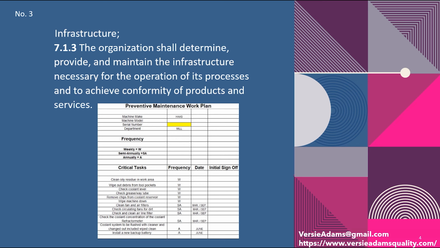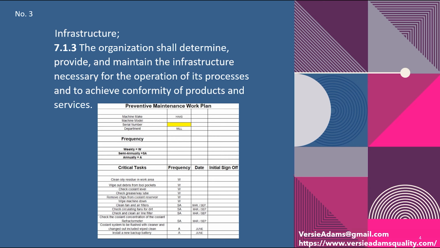If you have, and you should anyway, maintenance work plans or maintenance schedules for your key process equipment, whatever the tasks are that you define in terms of maintenance and the frequencies, you need to make sure that they are done and that they are signed off on the work plan, preventive maintenance schedule, whatever you may call it. But make sure they're done and they're signed off.